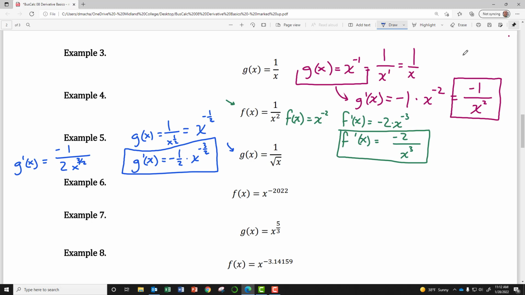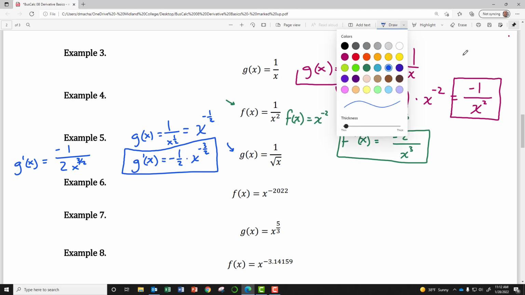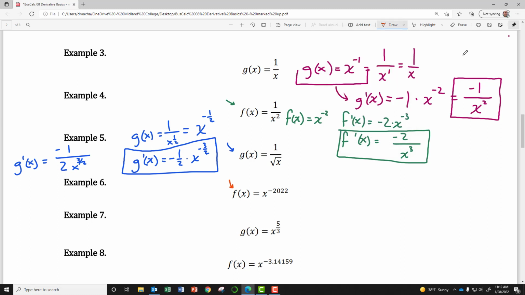Here we go. Example 6 tells me I have my function equal to x to the power negative 2022. So this is already in a nice format to use my derivative power rule.